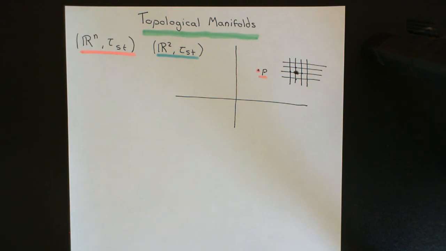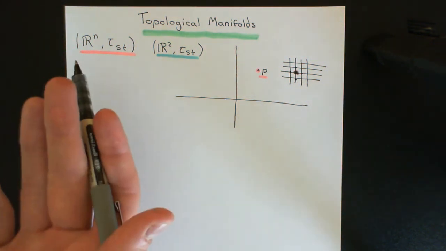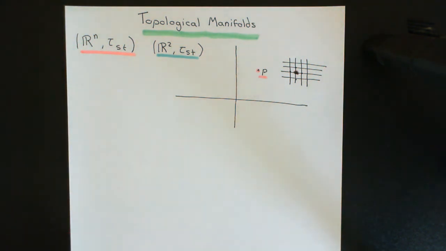So that's a reminder of the informal intuition as to the topological structure of the two-dimensional plane. And of course there is analogous informal intuition for R1 and R3, and generalizable to R4 and R5 abstractly. So that's a reminder then of R2 and more generally Rn with the standard topology.